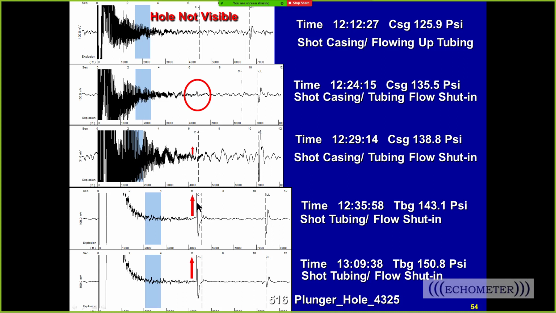And so it makes a big kick there. Whereas here, the collars are making a lot of racket, reflecting a lot of the energy from the shot, and that reduces the amplitude of the echo at the casing. So the energy is less when it gets to the hole on the casing shot.